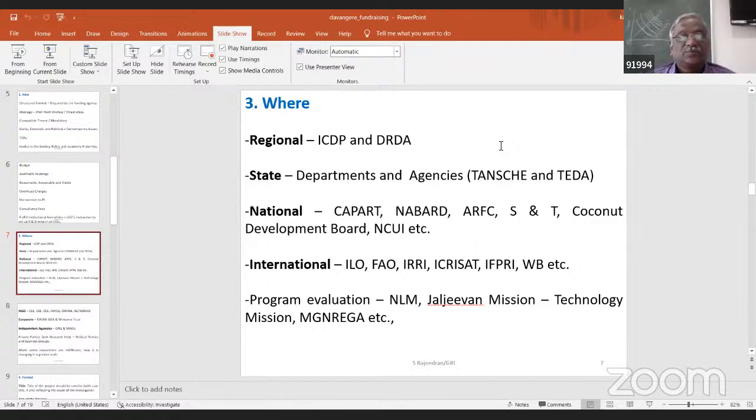These programs essentially do have various dimensions like evaluation research, also training, and also conduction of workshop at local level, like National Livelihood Mission, Jal Jeevan Mission, Technology Mission on Oil Seeds and Pulses, Mahatma Gandhi National Rural Employment Guarantee Act, etc. These are the contemporary programs which are going on and managed by the Union government. Supports not only for evaluation projects, but also for conducting training programs and organizing workshop at regional level you can think of.